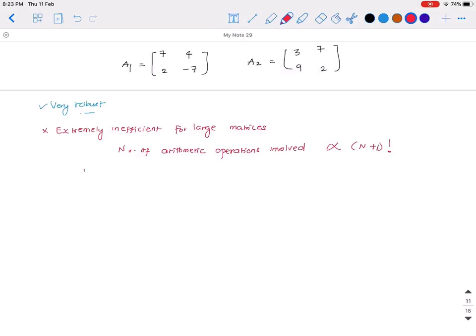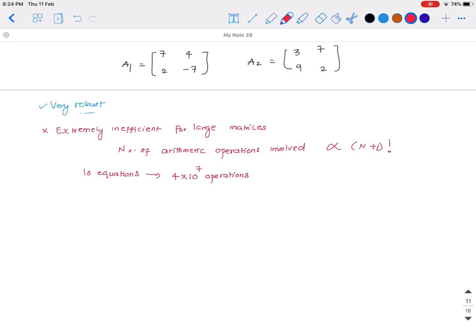So if you have just 10 equations, it requires 4 into 10 to the power 7 operations. The number of arithmetic operations involved is proportional to 11 factorial, which is approximately 4 into 10 to the power 7.